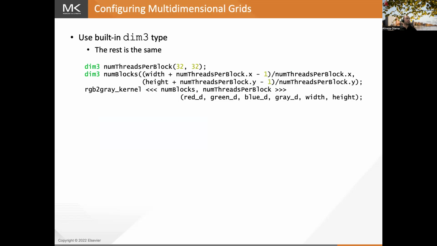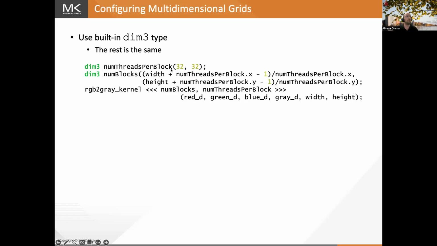So first, let's talk about how we actually configure the grid of thread blocks in this case. You should use a variable type called dim3, which is available in the CUDA runtime header file. With this dim3, you can define the number of threads per block.